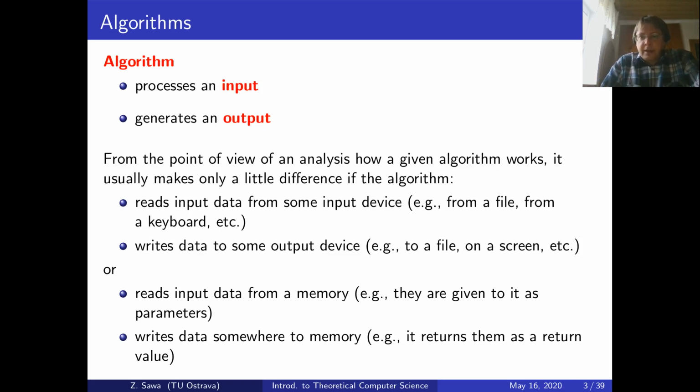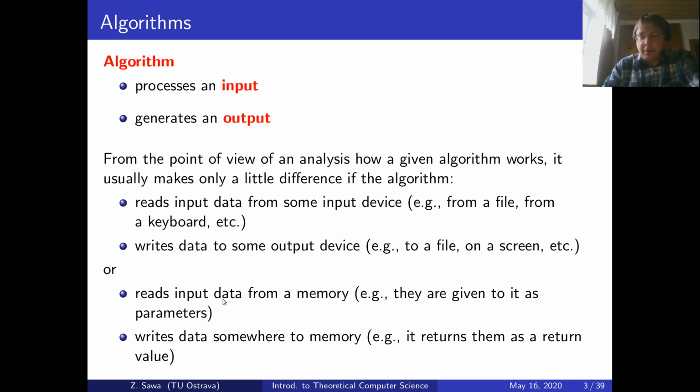And when we discuss algorithms, it's in fact not very important from where the data are read and where they are written, whether they are read from some kind of input device or written to some kind of output device, like a file or screen, or whether they are read from and written to memory.